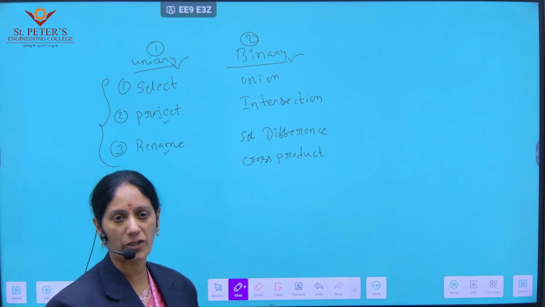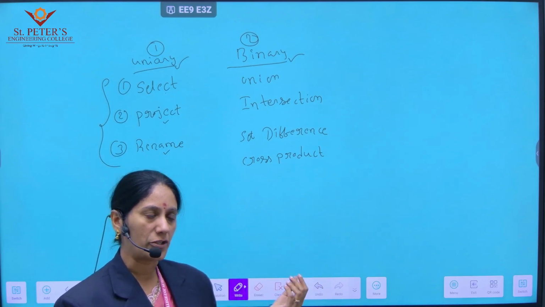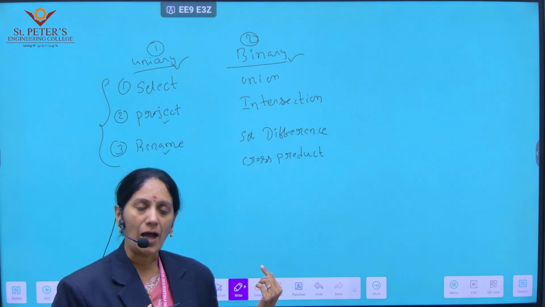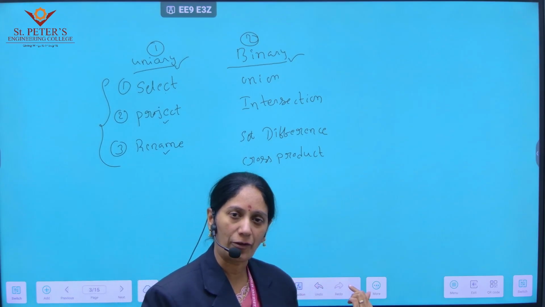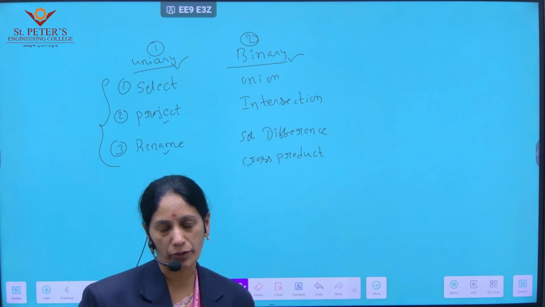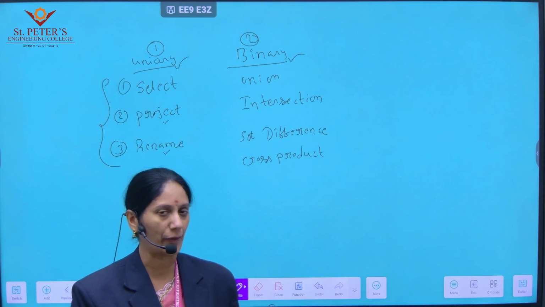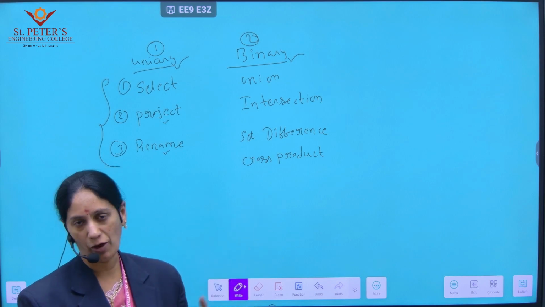Coming to the binary operation. By the name itself, binary means it is always performed on two relations, relation R1 and relation R2, using two relations to retrieve the data from the database. Those are binary operations.